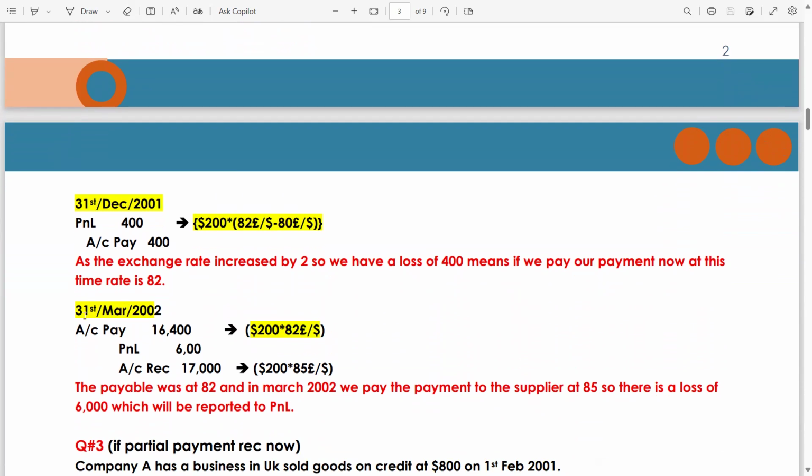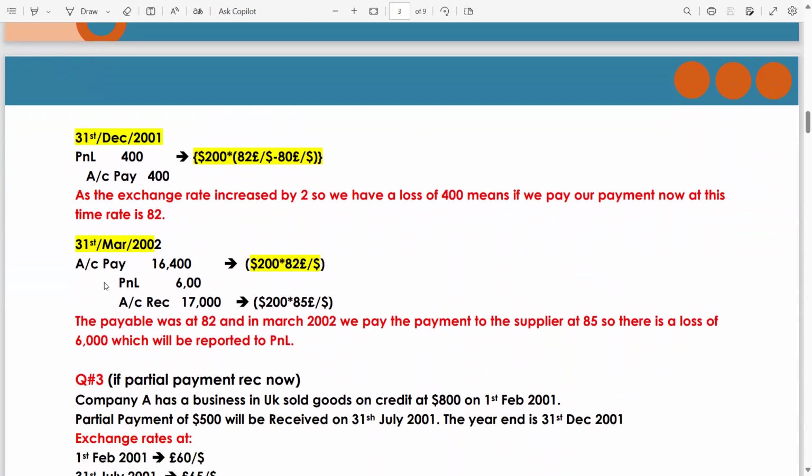Now move to the final date, which is the payment date, 31st March 2002. We are going to pay.